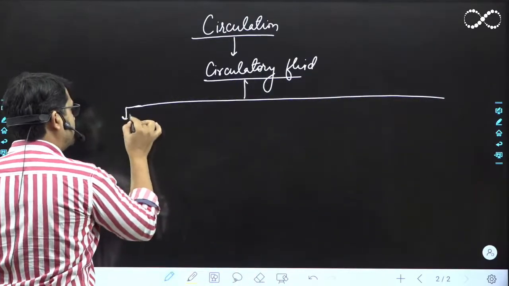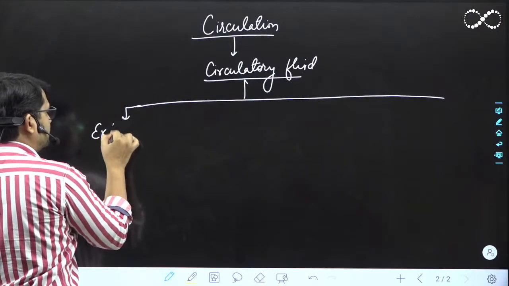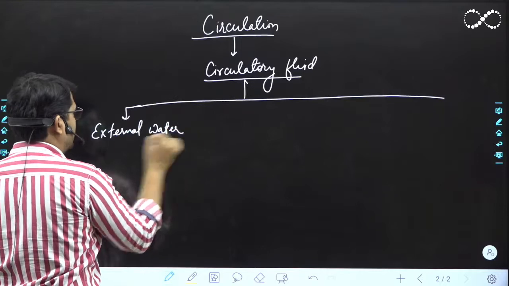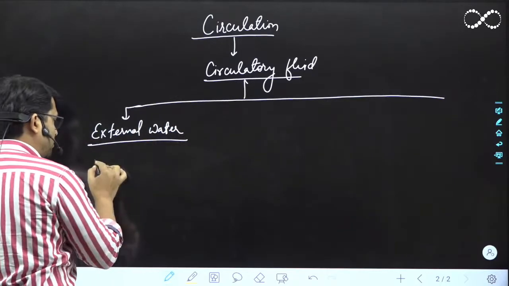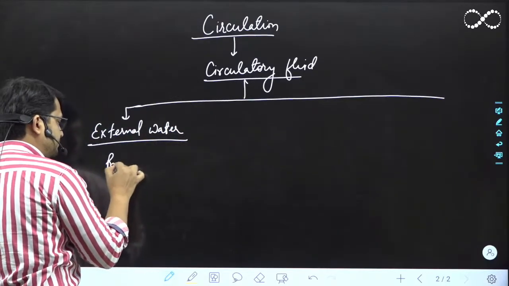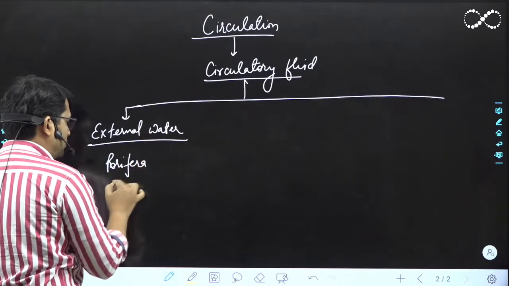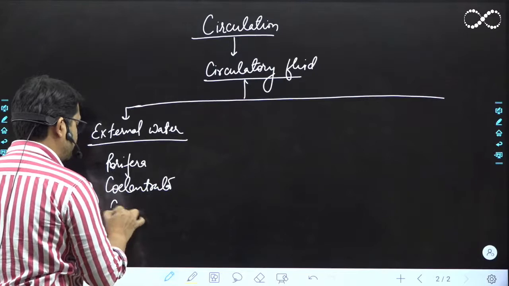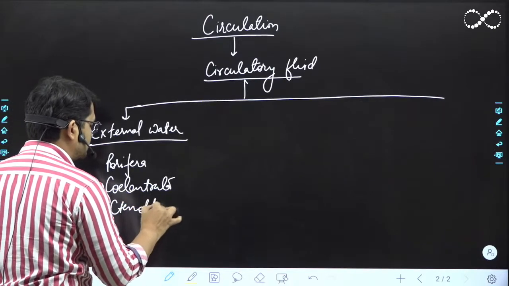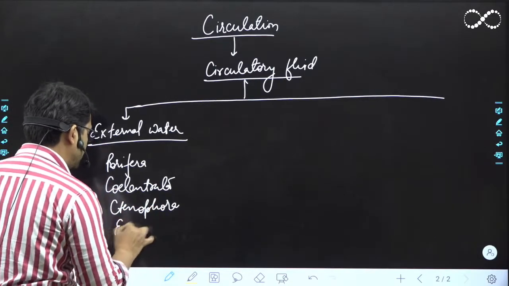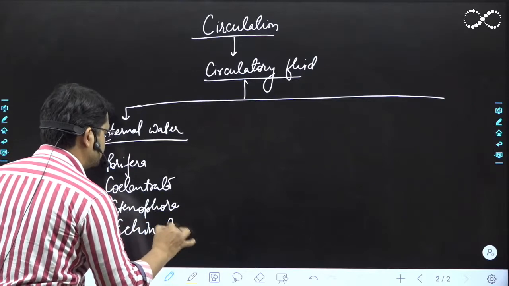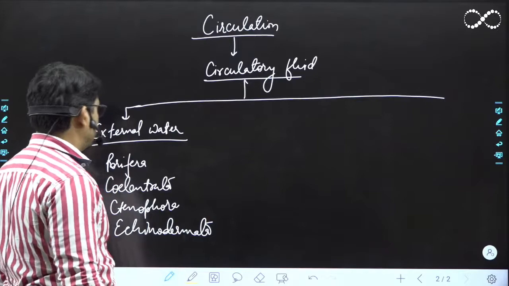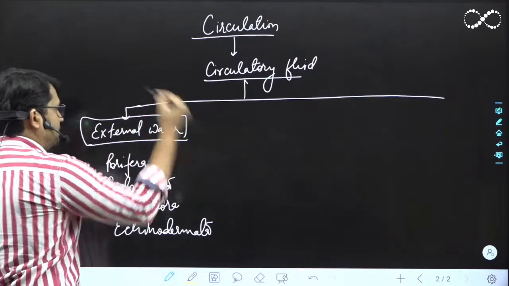This circulatory fluid can be external water, है ना? As we see in case of some lower organisms like porifera, okay, or coelenterata, or in case of ctenophora, or in case of echinodermata. Okay, so these are some organisms where the circulation is done by external water.